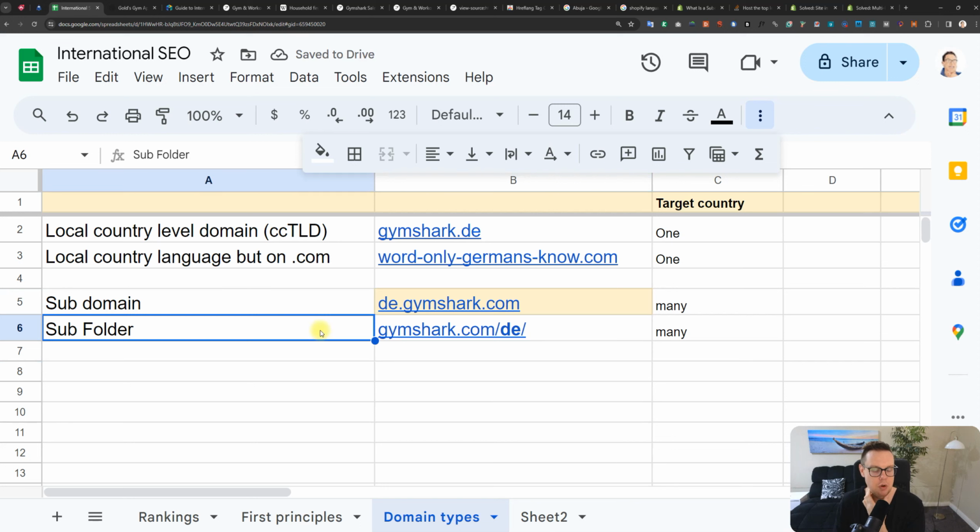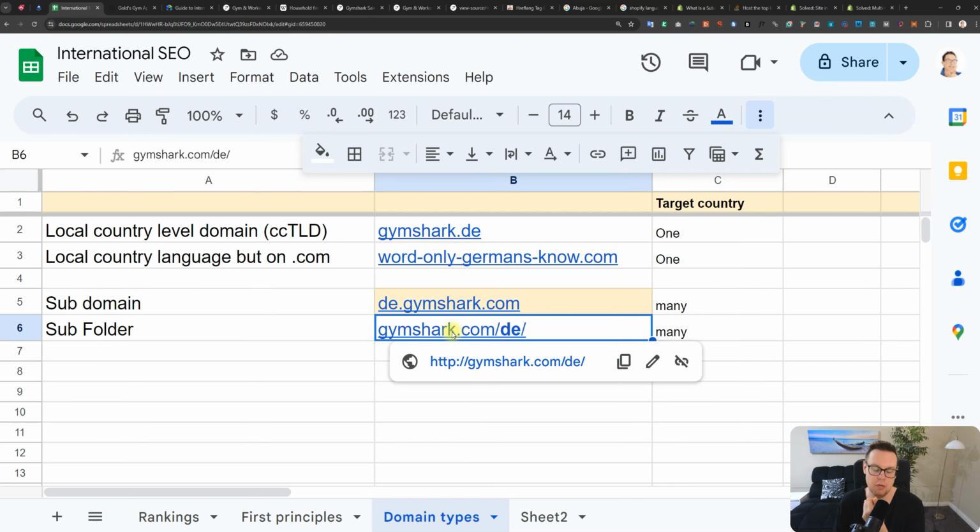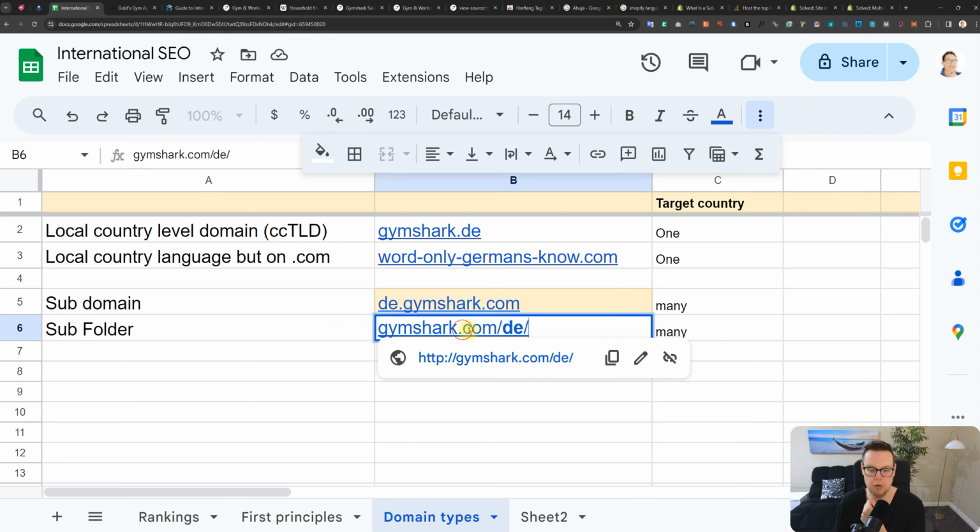And then lastly, we haven't talked about the subfolder option yet. This is something that is recommended and used by some companies, which is where you use your main domain, something.com, and then you do a subfolder /de for Germany, another subfolder /fr for France, for example, and so on. And then all the different pages would be under that folder for a specific language.